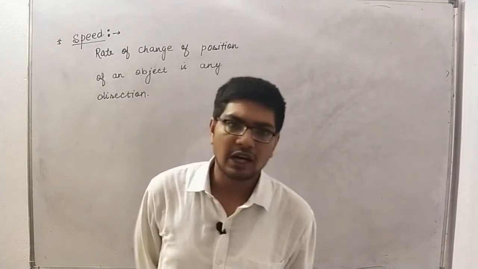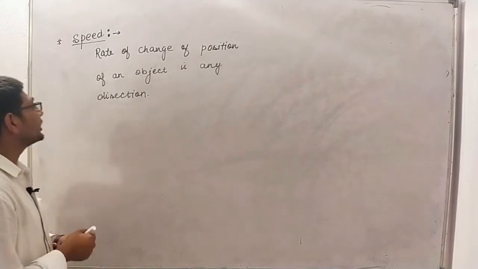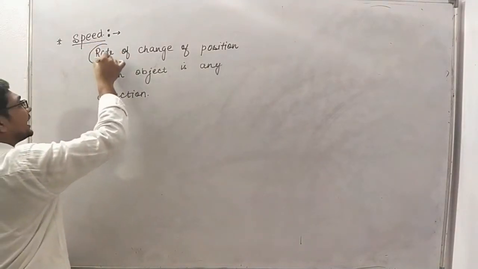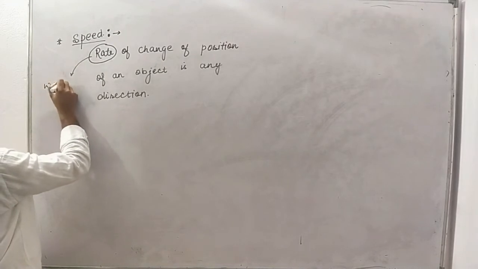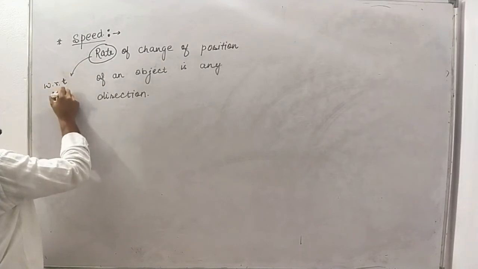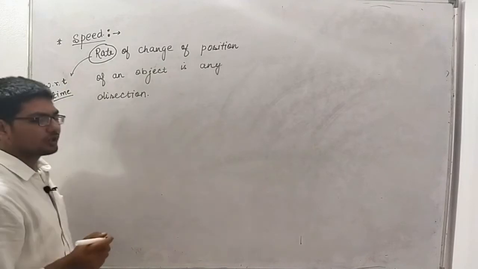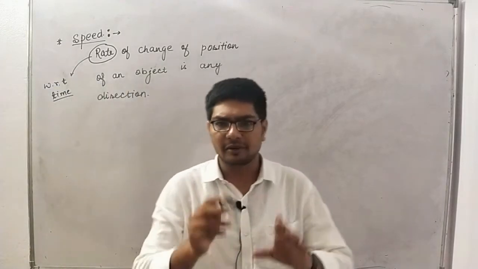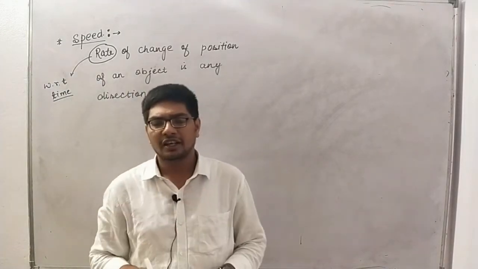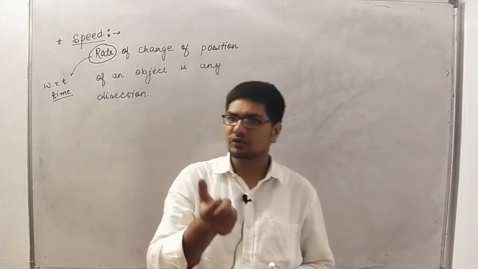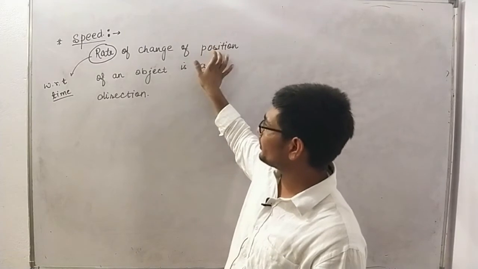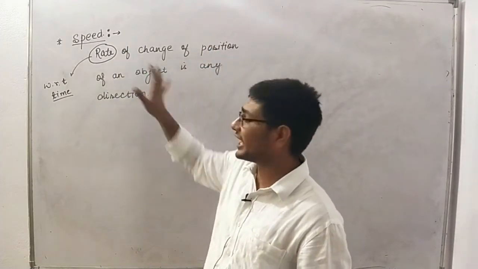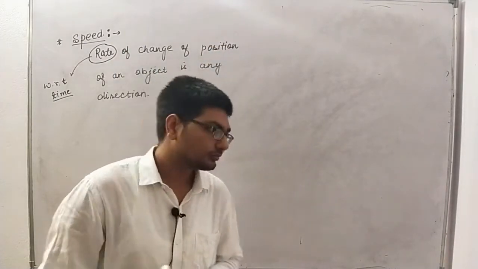Now, this word rate means with respect to time only. Unless some other quantity is mentioned, the word rate means that we are calculating the change with respect to time. So change of position of an object with respect to time is known as speed.